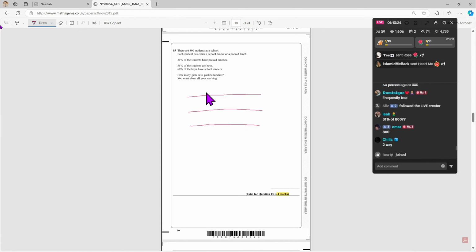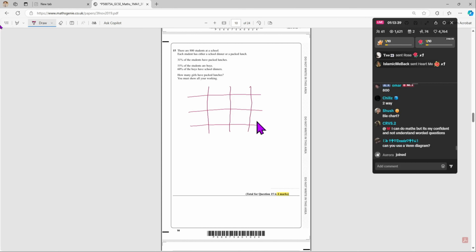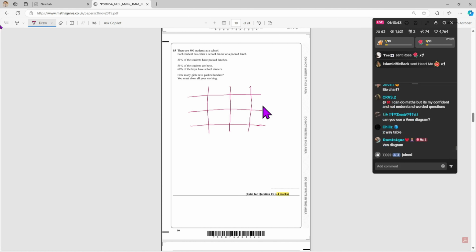If you draw a table, guys, it's going to be a bit easier to work out. It's not a pie chart. Yes, we're going to use the two-way table. Well done, Chills.